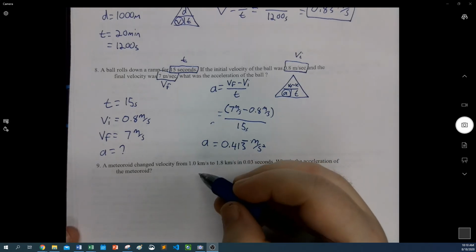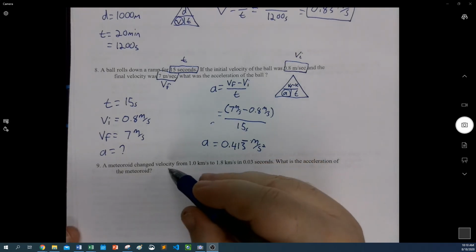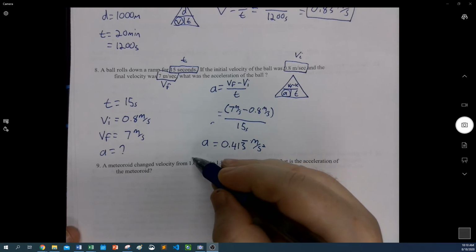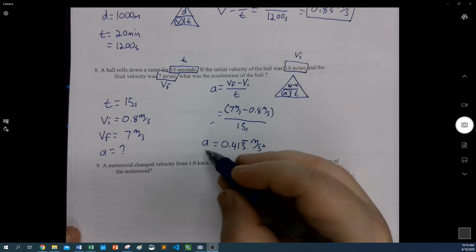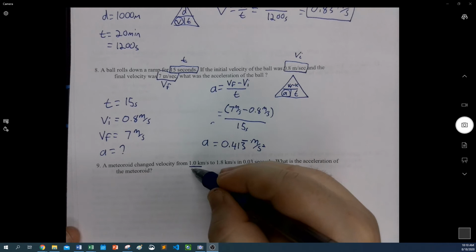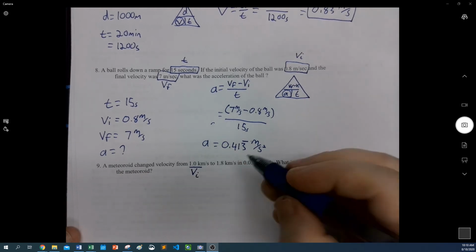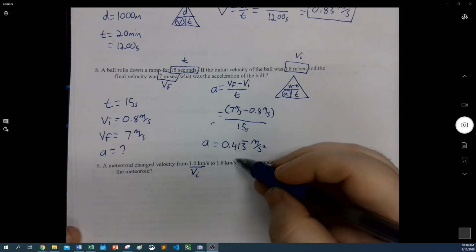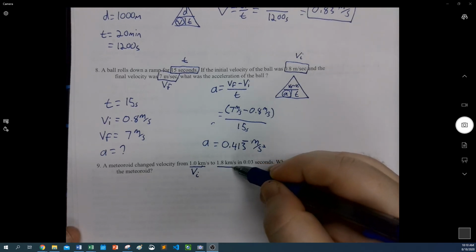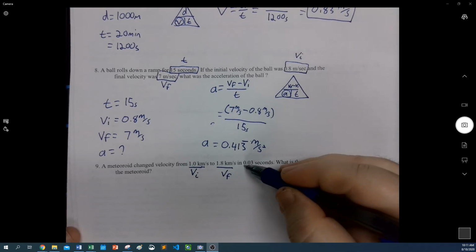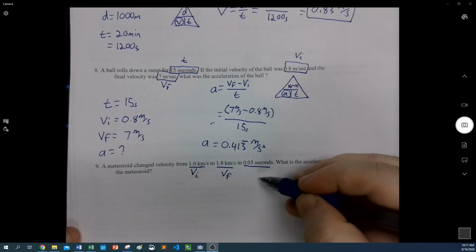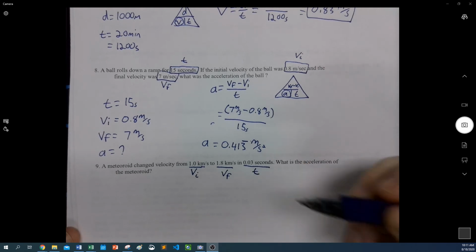So a meteoroid changed velocity or speed from 1 kilometer per second to 1.8 kilometers per second. So it changed the speed. Its initial speed was 1 kilometer per second, and its final speed was 1.8 kilometers per second, in a time of 0.03 seconds.